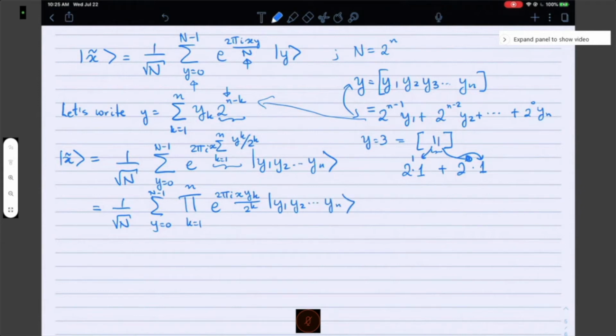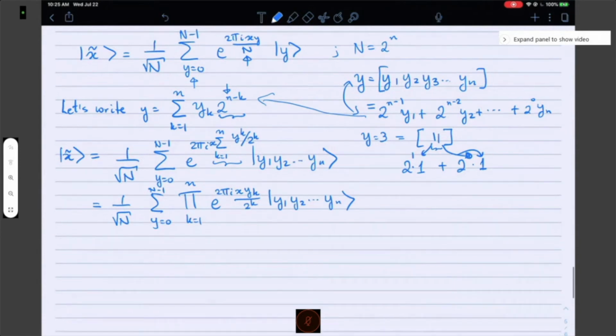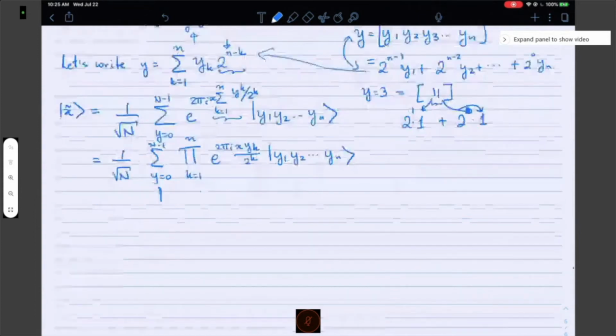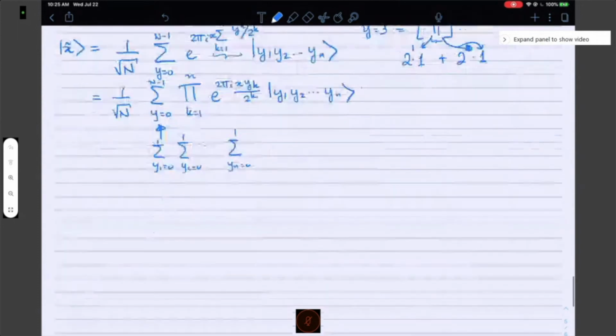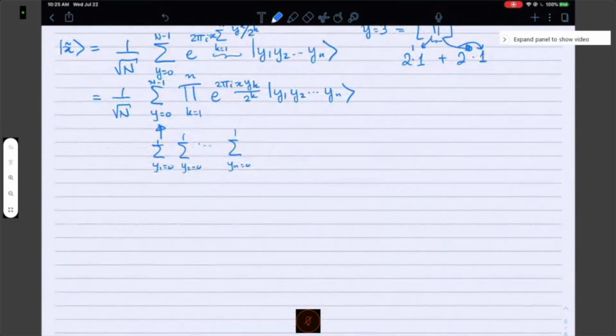Okay, so now that we've written all of this down, let's take that product and remember also y equals 0 to N minus 1 really is y1 is 0 to 1, y2 is 0 to 1, and so on up to yn is 0 to 1. So this expression, if you factor it out at the end of the day, really looks like the following. The first bit, for example, if you isolate it, looks like 0 plus e to the 2 pi i x over 2 to the power of 1, 1.